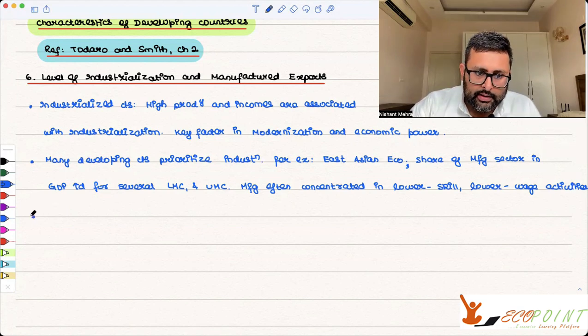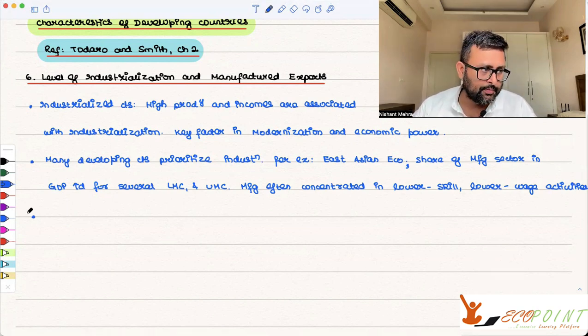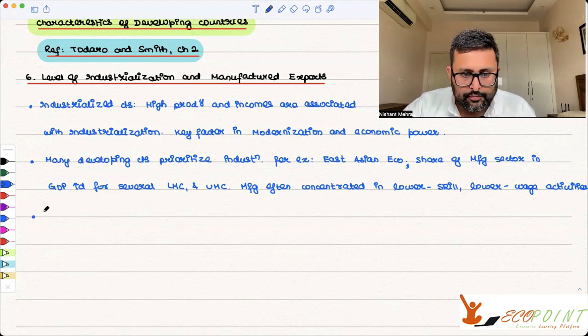Then another related point is that in many developing countries, most of the population is engaged in agriculture. In lower income countries, even 2/3 of the population can be engaged in agriculture. In my own country, more than 50% of people are engaged in agriculture. If you compare with the developed countries, only 1 to 2% of the population is engaged in agriculture.